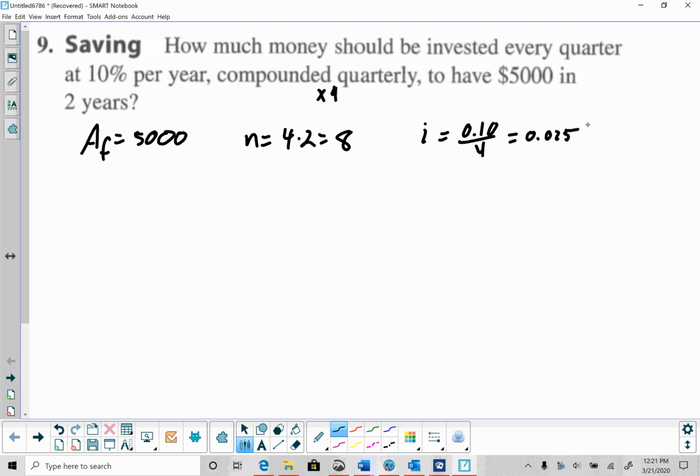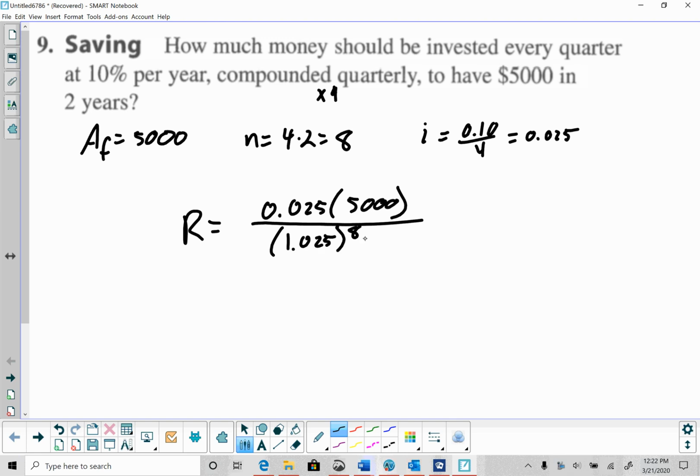All right, I think that's pretty much all we need. We're looking for the regular payments. So with that lovely little formula, the regular payments are going to be the amount of interest per period, so that's the 0.025, multiplied by the final amount, which we're hoping to save, $5,000, over 1.025 raised to the 8th power minus 1.